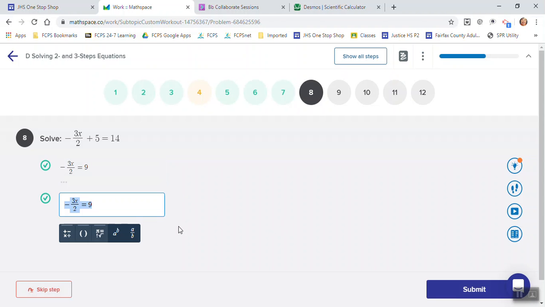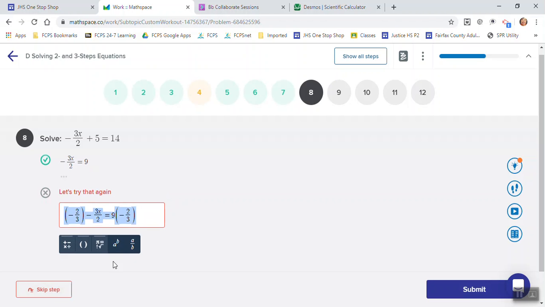And then the second step is you multiply by the reciprocal of negative 3 over 2, which is negative 2 thirds. You multiply by negative 2 thirds, same for both sides. Negative 2 thirds. Okay, it doesn't recognize it, but don't worry.